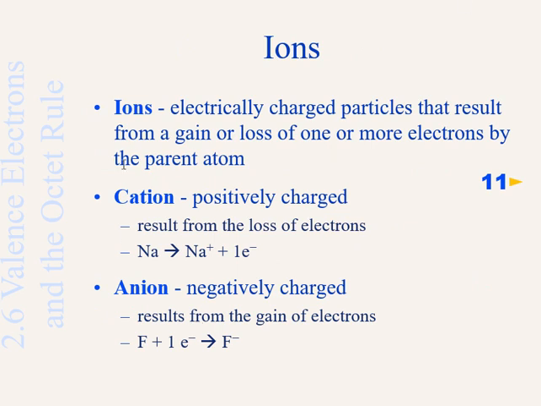Whenever an element gains electrons or loses electrons, it becomes charged. Remember that in an atom, the number of protons equals the number of electrons. 10 protons for 10 electrons, 20 protons for 20 electrons. What happens when an atom has 10 protons and 10 electrons and loses 1 electron?